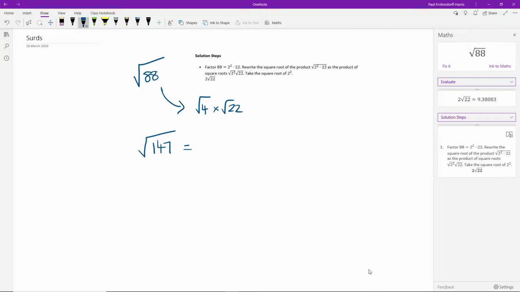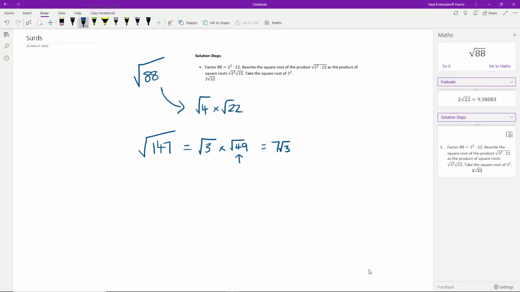It does divide by 3, so we could write it as root 3 multiplied by root 49. The reason that's useful, not because of the 3, but this number here, because root 49 is a square number. So 49 is a square number, so root 49 is going to be 7. So we can write this as 7 root 3.